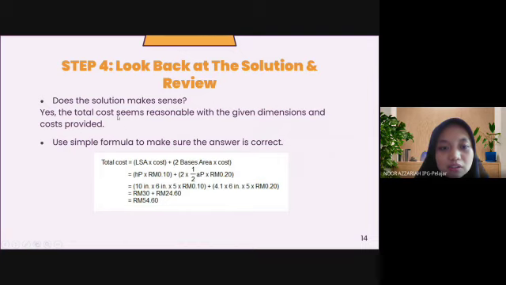So, of course, the solution makes sense. And we also can use a simpler formula to make sure the answer is correct. So this is the simple formula. It's the same as what I did just now, but in a simpler form.